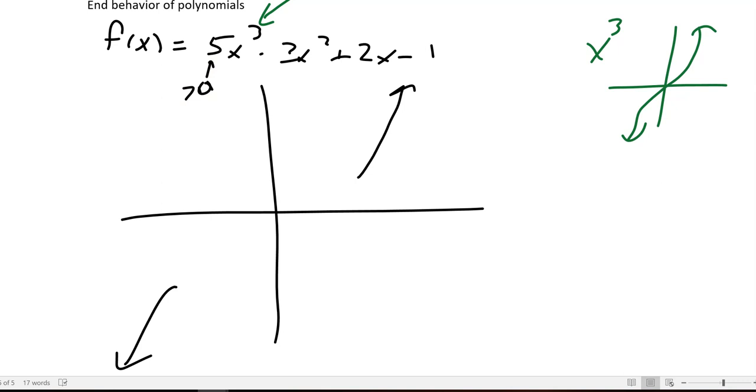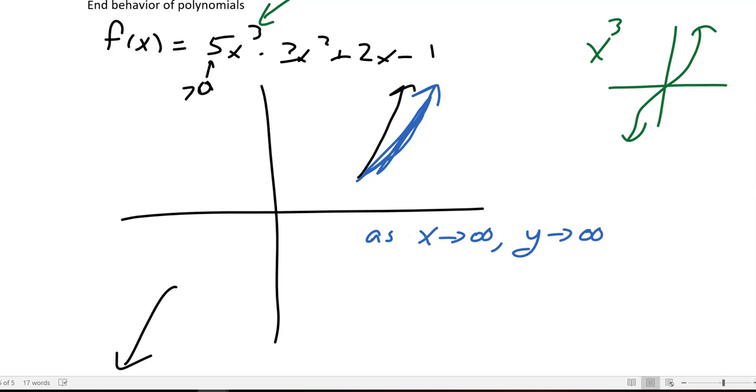Now, notationally, how we describe that is, notice on this right-hand side, it goes up as x gets bigger. So we might say as x approaches infinity, y approaches infinity as well, because it keeps getting higher and higher. As we go out this direction, notice the y-coordinates keep going up.